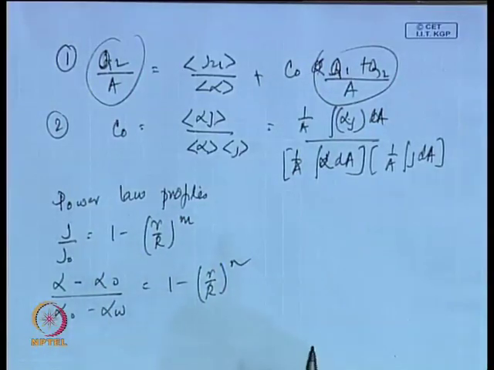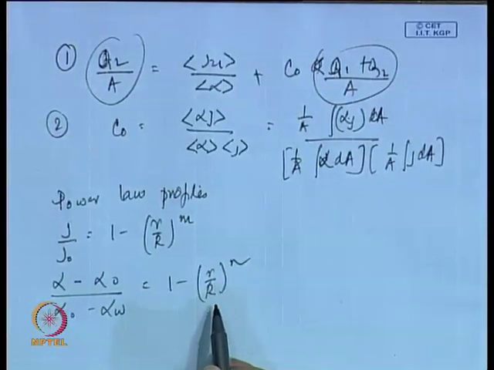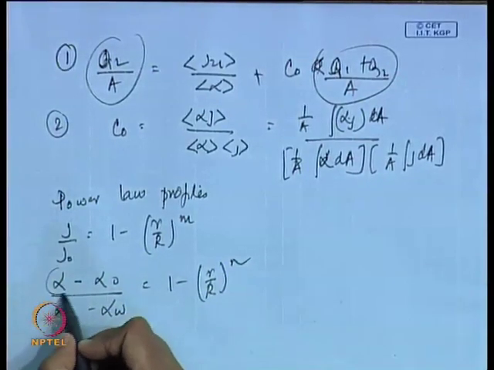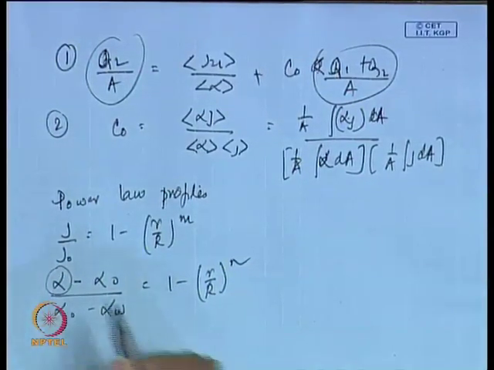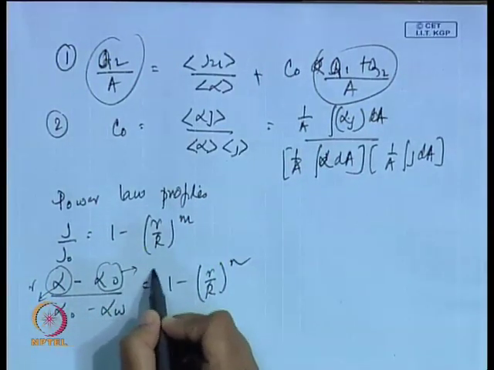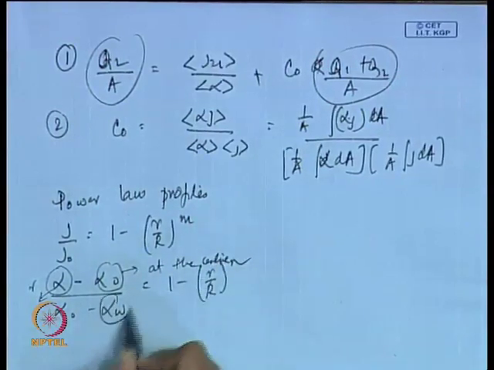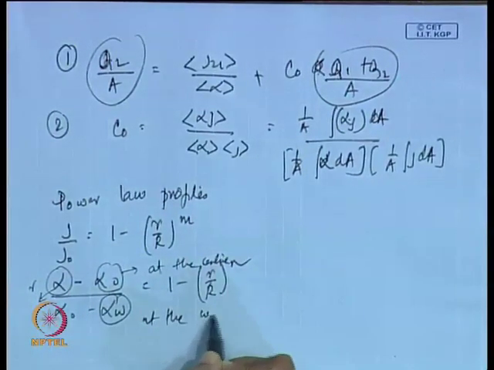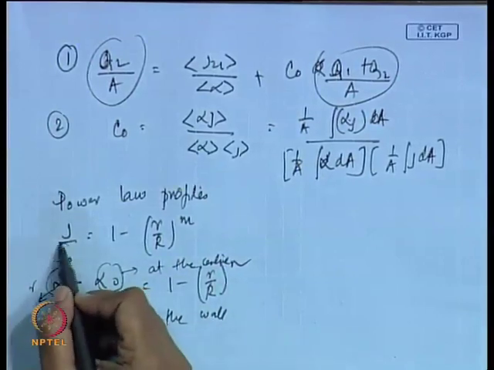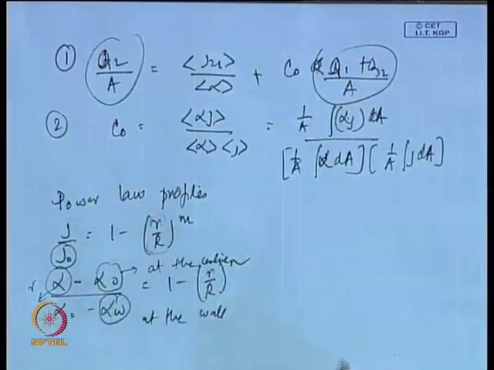Even in single phase flow, we usually deal with power law type of profiles. Remember that alpha is the average volumetric concentration at any particular radial location r, alpha 0 is at the center and alpha w is at the wall, which is usually equal to 0. Same thing, j0 is at the center, R is the radius and r is the radial distance.